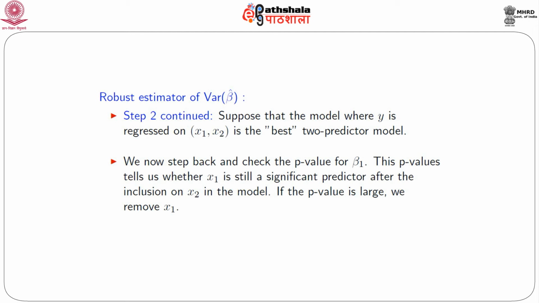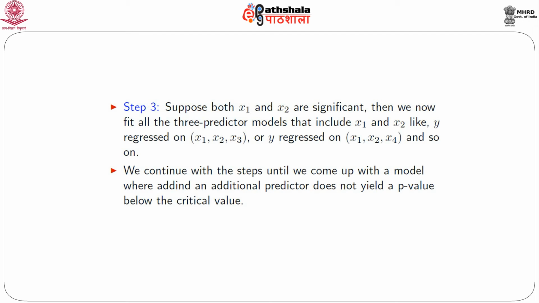Suppose both x1 and x2 are significant, then we fit all the three-predictor models that include x1 and x2, like y regressed on x1, x2, x3 or y regressed on x1, x2, x4 and so on. And we continue with the steps until we come up with a model where adding an additional predictor does not yield a p-value below the critical value.